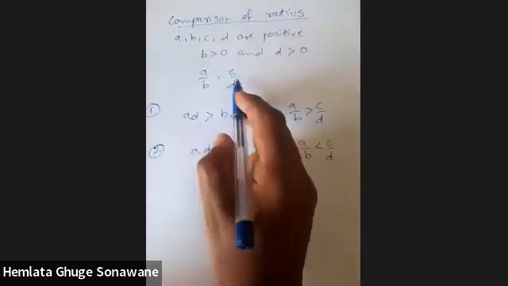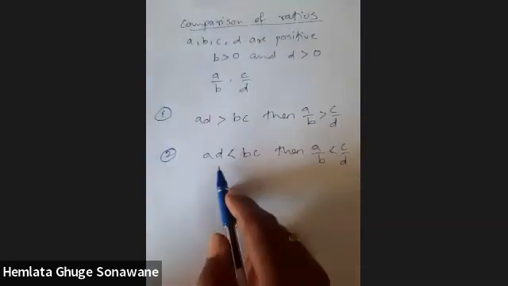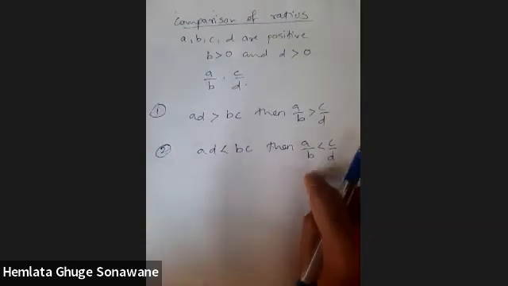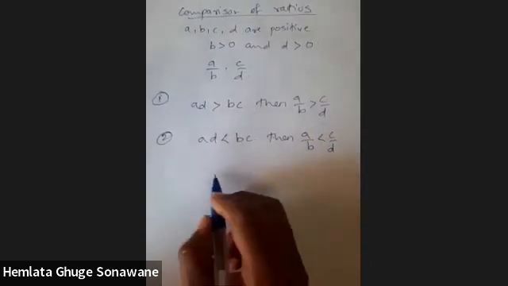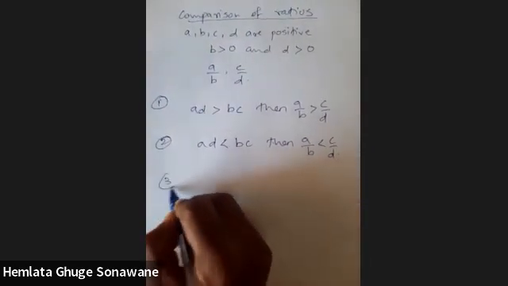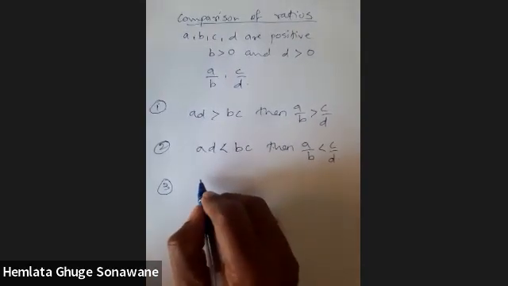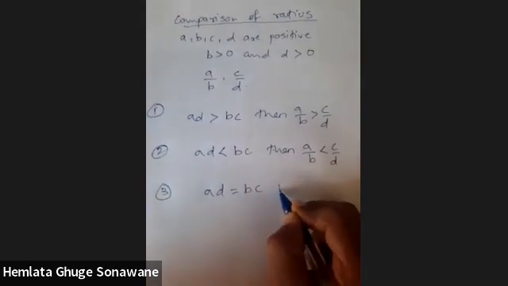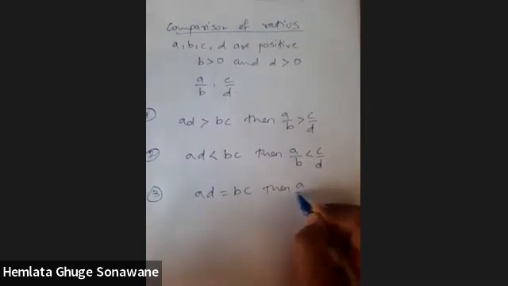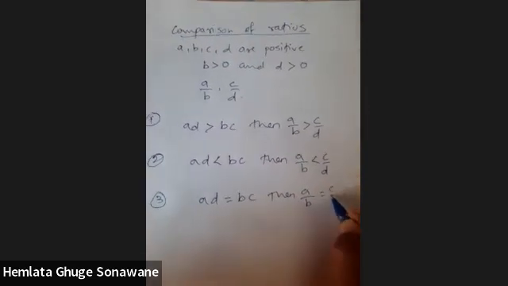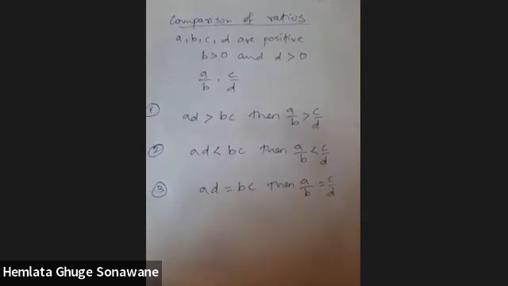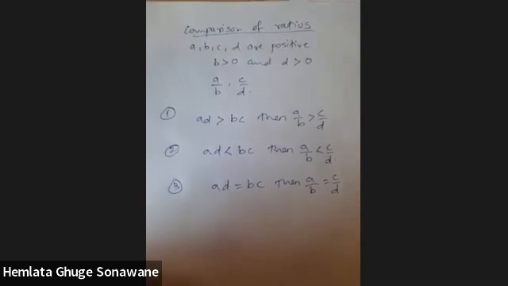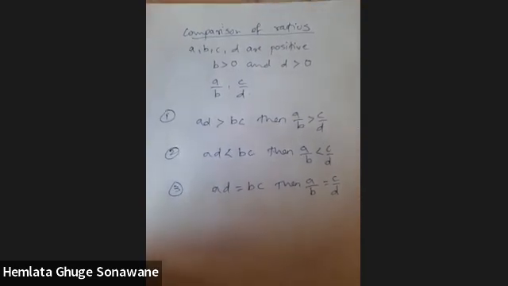Here also we are doing cross multiplication, and if A into D is smaller than B into C, then A upon B is also smaller than C upon D. Third rule, if A into D is equal to B into C, then A upon B is equal to C upon D. Okay, these are the rules of comparison of ratios.